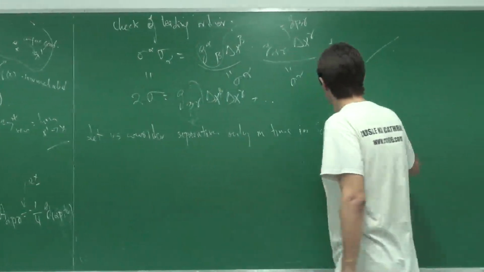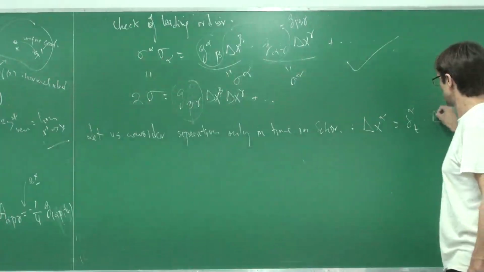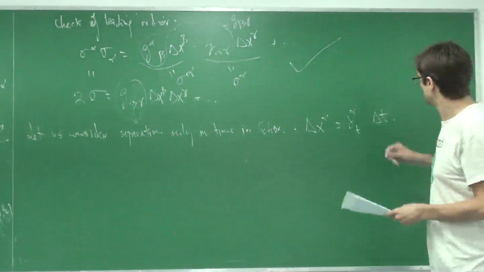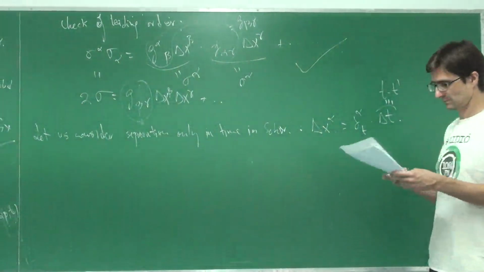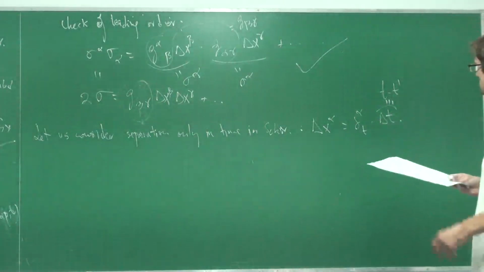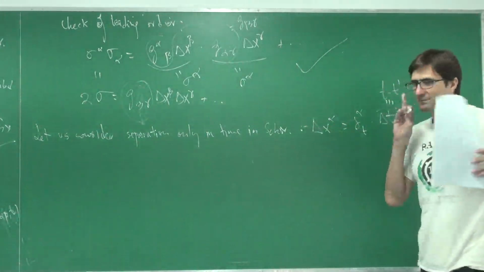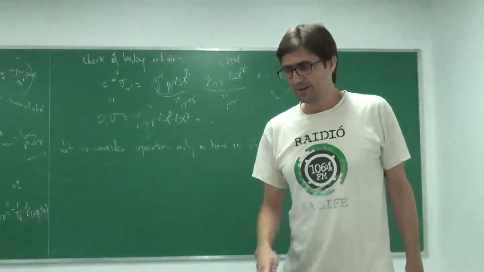So delta x alpha is just, well, in fact minus. So by the way, I've made a sign mistake somewhere in what I'm going to give.